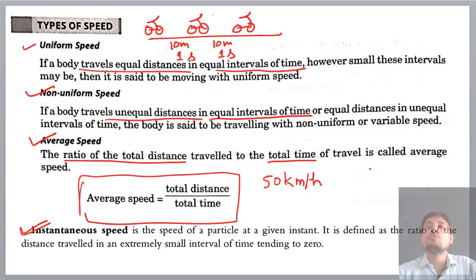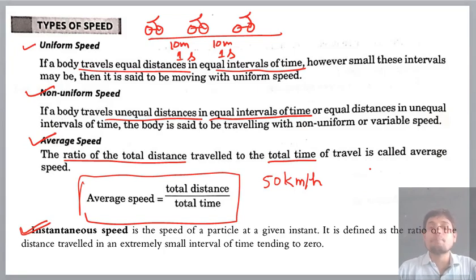Maybe you have moved slow and maybe you have moved faster than 50 km per hour for some time. So this average speed only gives the net, means total speed of the whole journey. It is not giving the speed at a particular time.